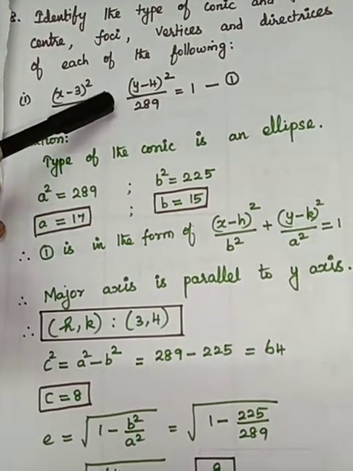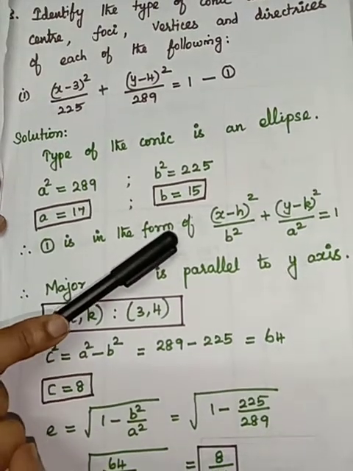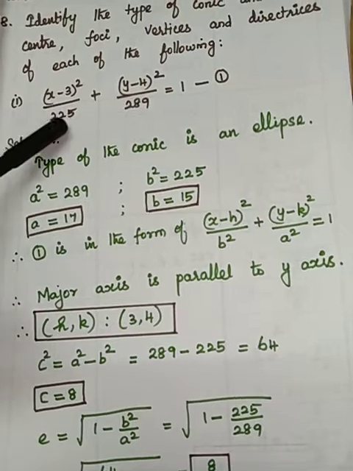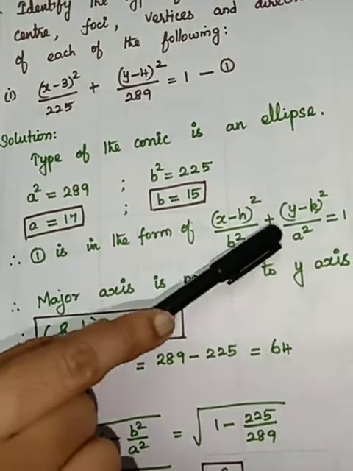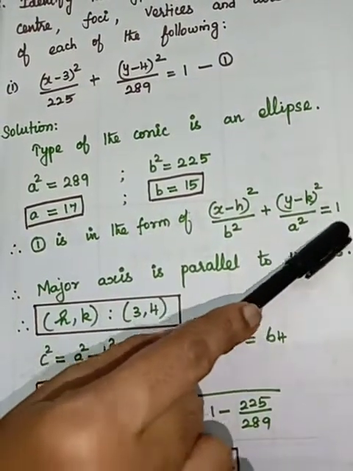Now you just compare this equation. This one is in the form of x minus h the whole squared by, what is this, 225, which we have taken as b squared, so b squared, plus y minus k the whole squared by a squared is equal to 1.